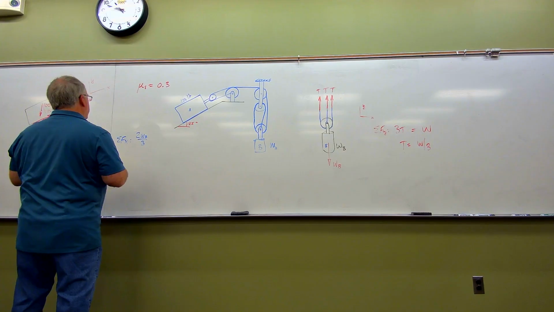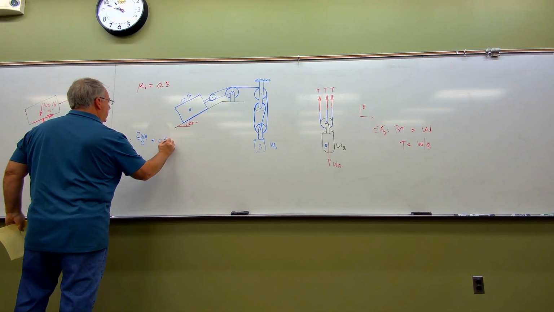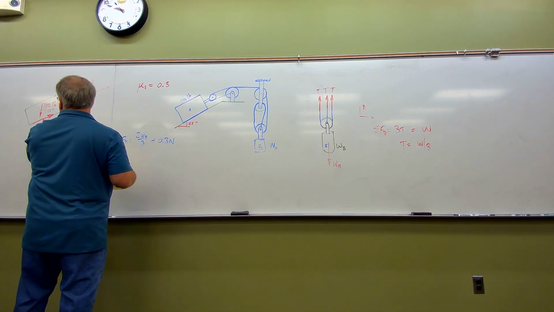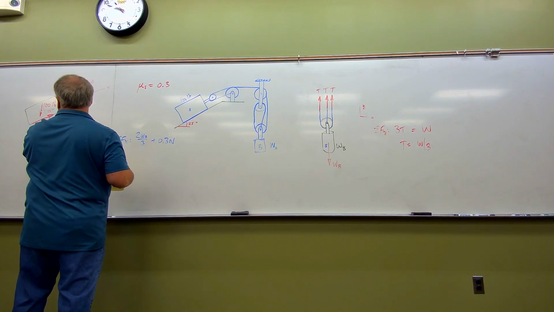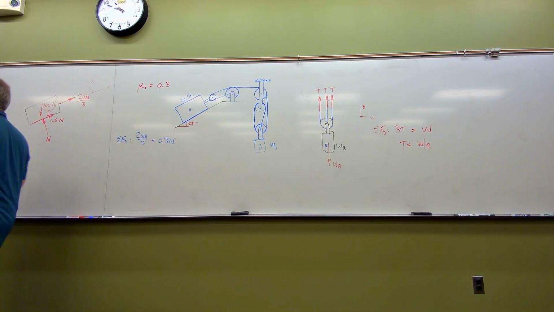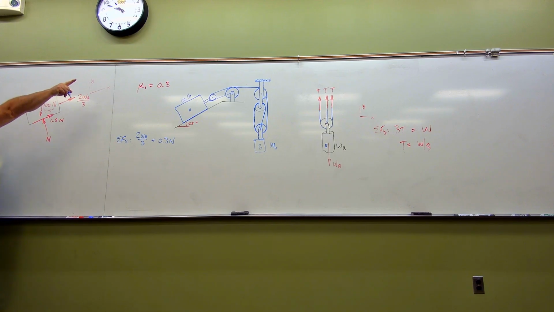Plus 0.3 N. This force here is purely y-directional, so we don't have to worry about that. But I have an x component associated with this 100 pounds here, which, if positive x is going up the way I'm holding my arm right now, is tending back towards negative x. It's going to be minus 100 times this little piece right here, so it's going to be minus 100 times the sine of 25.